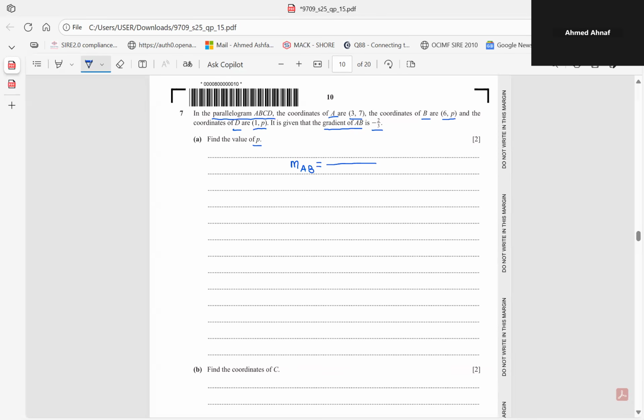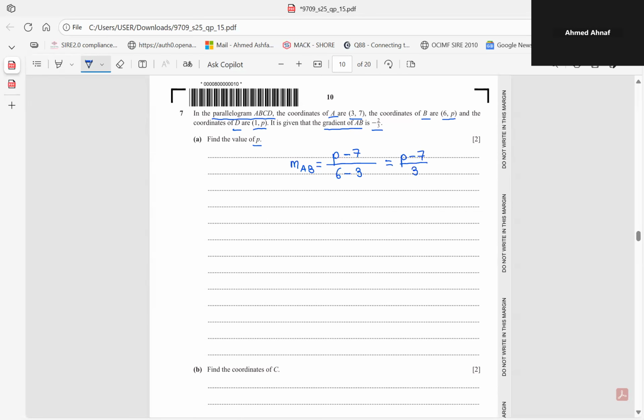So to do that, just take the y-coordinate of B, which is p, minus the y-coordinate of A, which is 7, over the x-coordinate of B minus the x-coordinate of A. This would be equal to p minus 7 over 6 minus 3, which is 3.